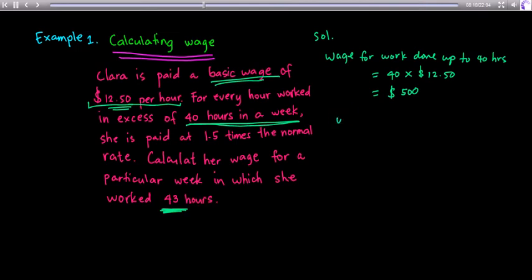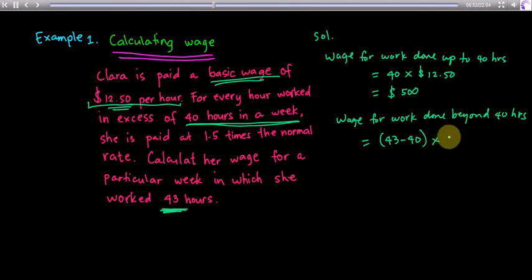So the wage for work done beyond 40 hours: 43 minus 40, the remaining 3 hours, is paid 1.5 times the normal rate.